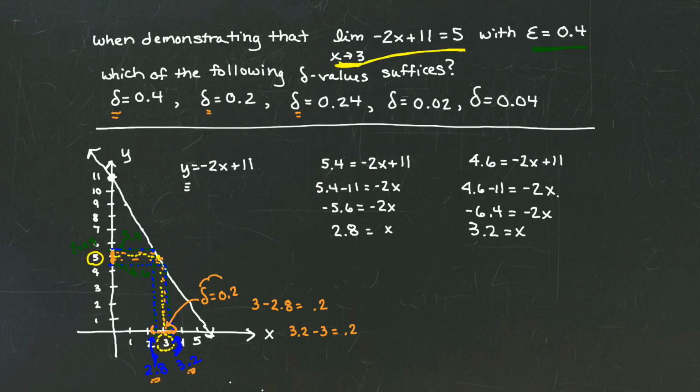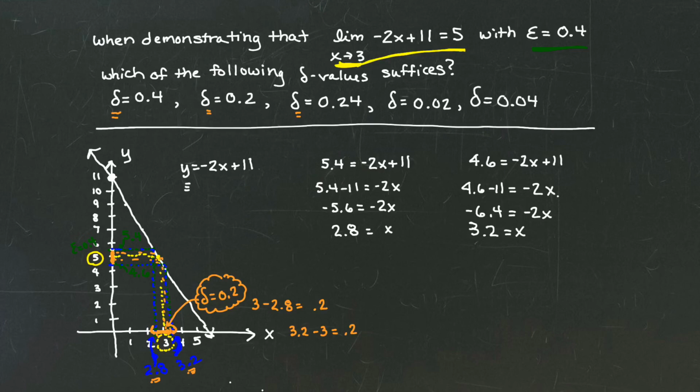So it looks to me that as long as delta is 0.2 or any number smaller, you'll still fall in that epsilon band. So as long as delta is 0.2 or anything smaller, I will satisfy the precise definition of the delta epsilon limit with epsilon equal to 0.4.